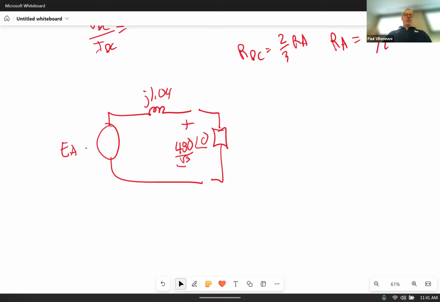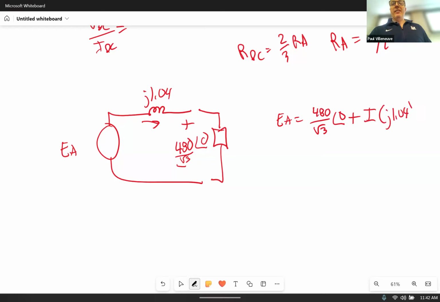And now our load can change. So if we want to solve for EA, EA is going to be equal to 480 over the square root of 3 at an angle of 0, plus whatever our current is, times j1.04.